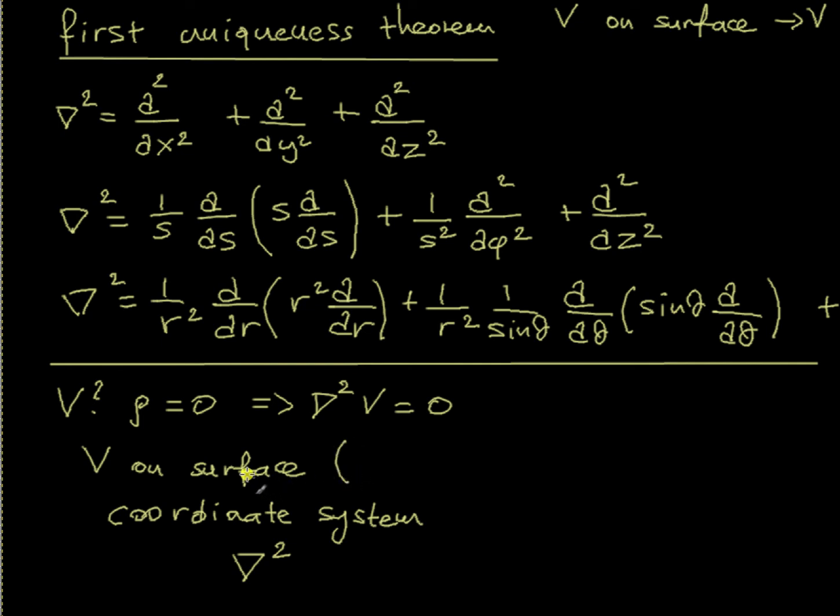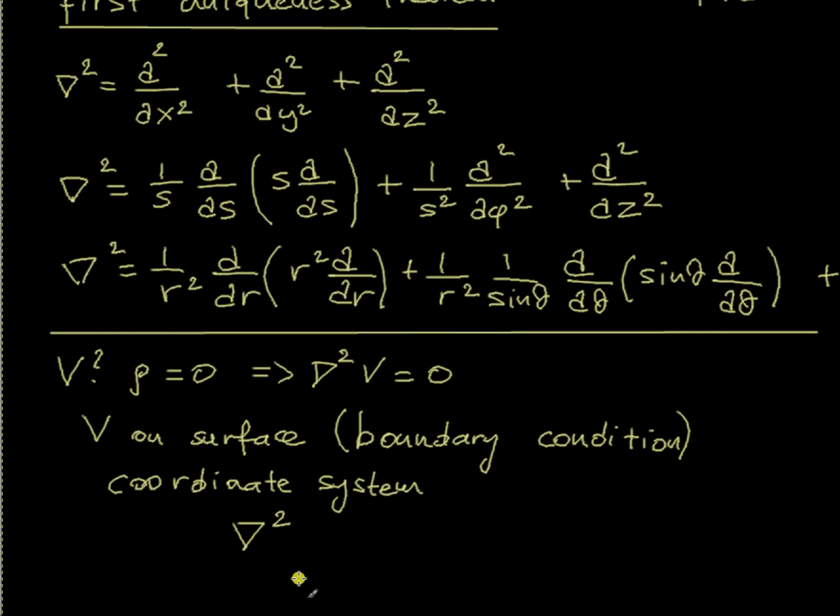When we specify the potential on the surface, we call this the boundary condition. So your goal will be to solve Laplace's equation for potential in your coordinate system while making sure that the boundary conditions are obeyed. And that will give you, at the end, the potential in your coordinate system for the volume that you're interested in.